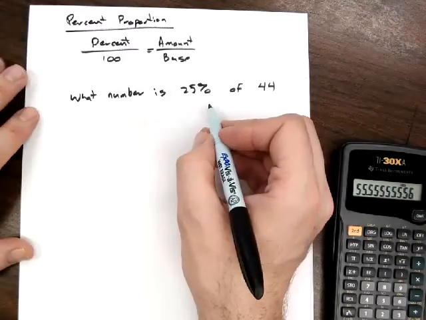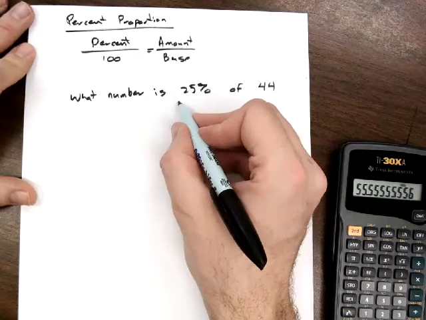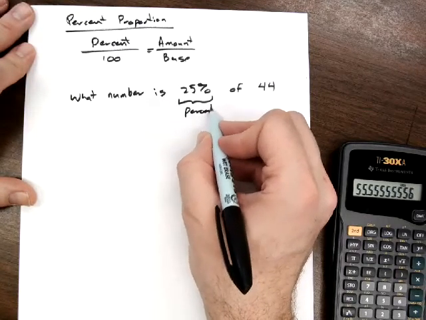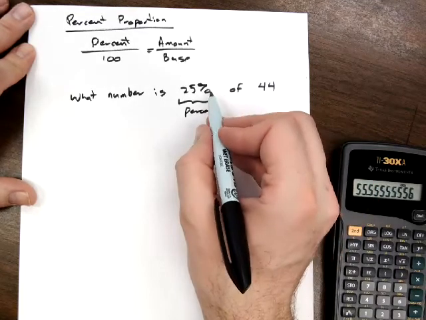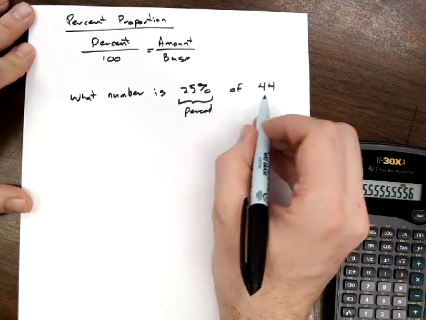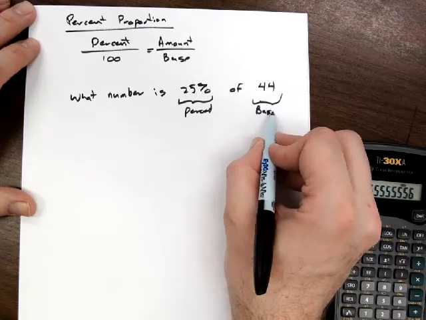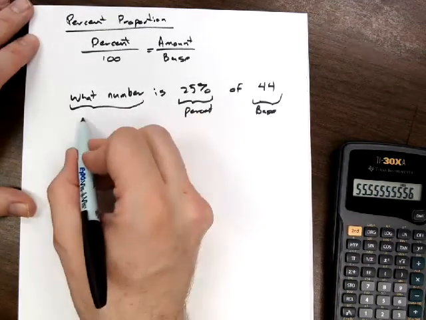Well, this is where that practice that we had before comes in, where we said, here's our percent. This tells us what this is a percent of. This number here is going to be our base, which tells us that we're looking for an amount.